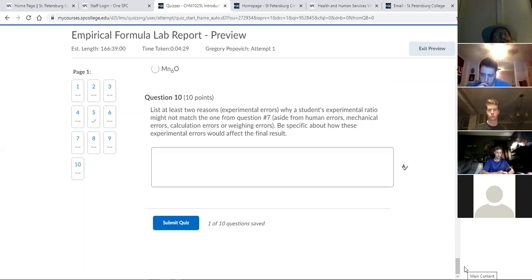What experimental errors might you have from this experiment? Did we do our math incorrectly? No, I'm talking experimental errors.